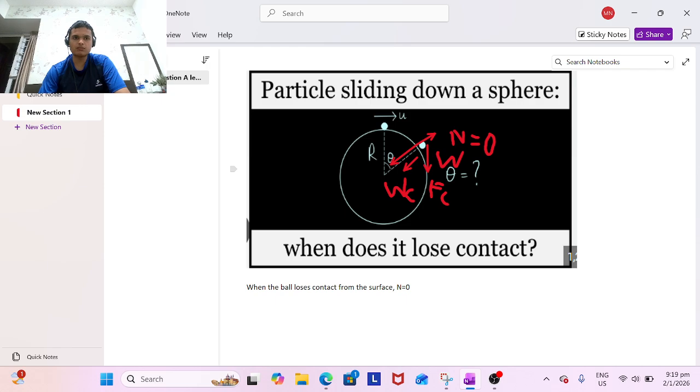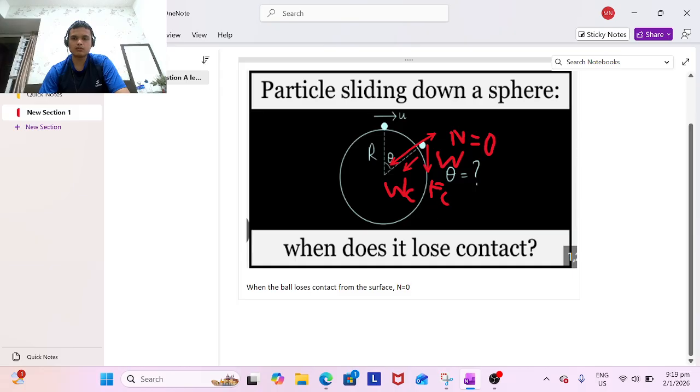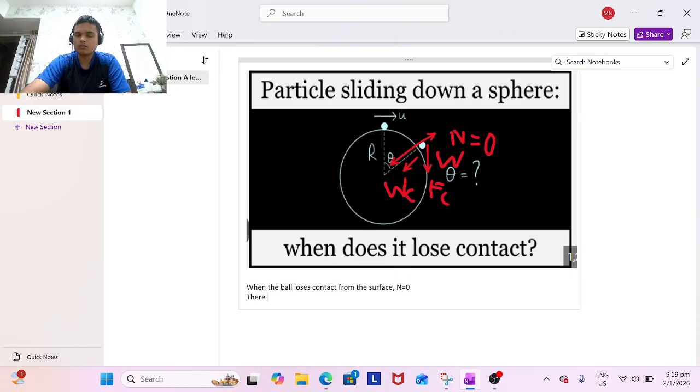So basically, there are three forces acting on the ball.